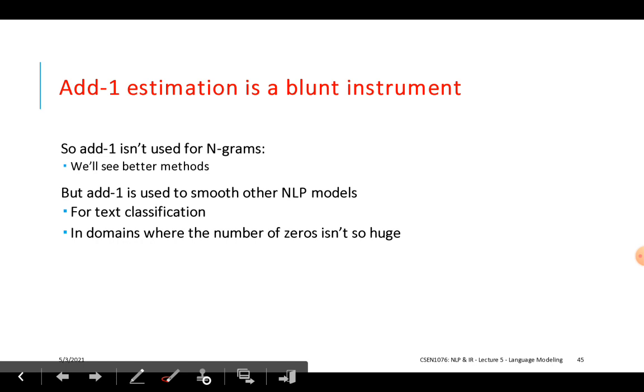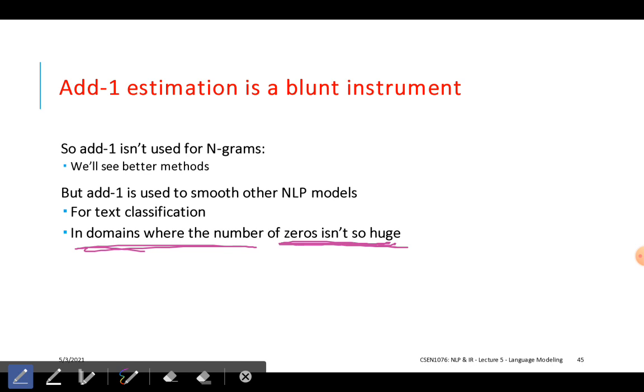The problem with add-1 smoothing is it's almost hard-coded. Usually, add-1 smoothing is not used for language models because you force the addition of 1. But it can be used for other NLP-related tasks, such as text classification, or if you don't have a large number of zeros in your corpus, then language models that depend on Laplace 1 smoothing will actually work fine.